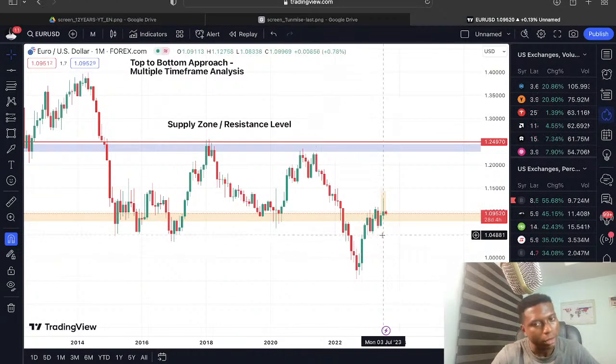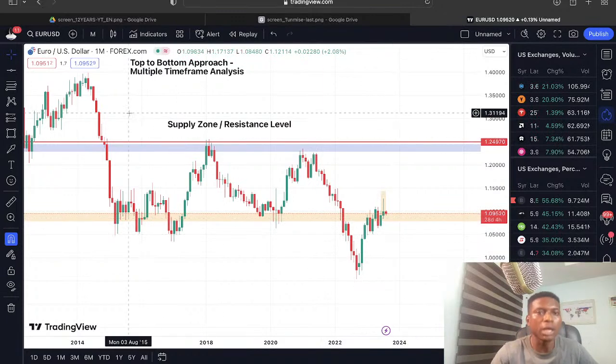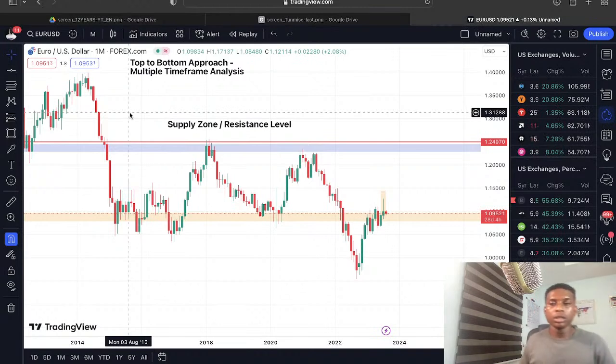And that's it. Now let's confirm it on multiple time frames. We go to the lower time frame to see what it says about our discovery on the monthly time frame.